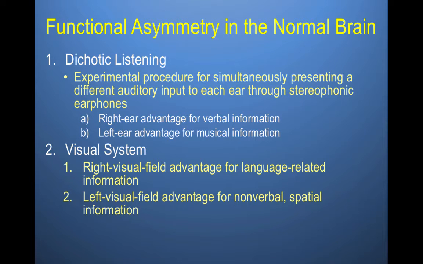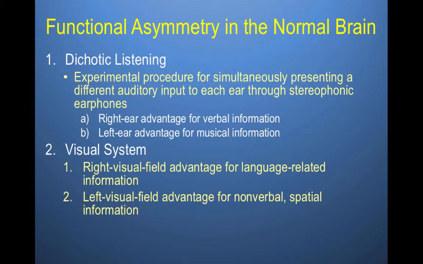You see a similar relationship for the visual system: the right visual field has an advantage for language-related information and the left visual field has an advantage for nonverbal or spatial information. So if you recall, the brain is organized contralaterally. Language is processed on the left side of the brain, specifically your left temporal lobe.